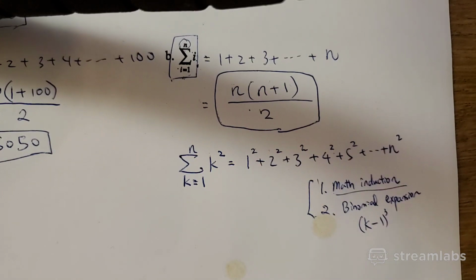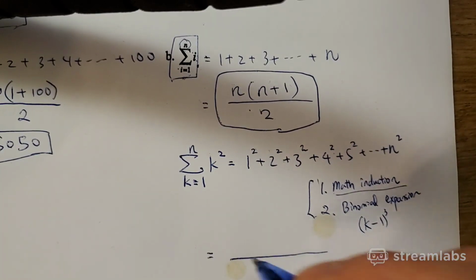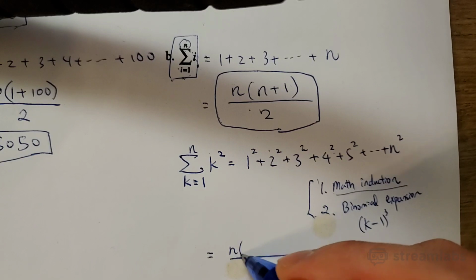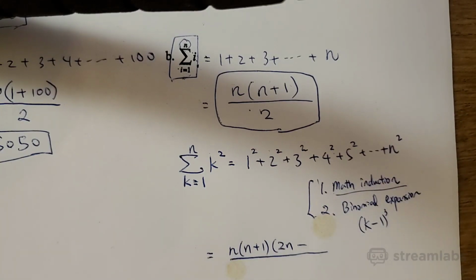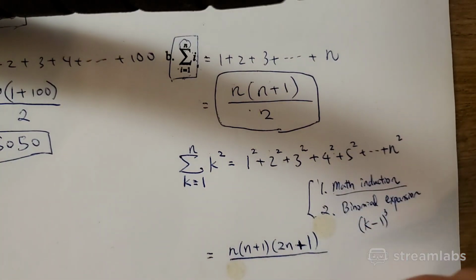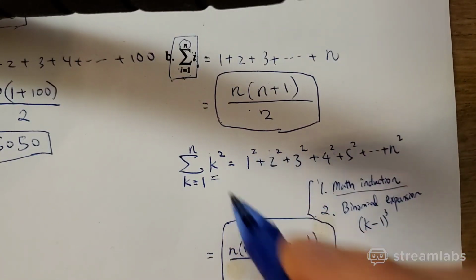But regardless, the answer to this sum is going to be n times n plus 1 times 2n plus 1, over 6, okay? We sometimes use this, k squared, okay?